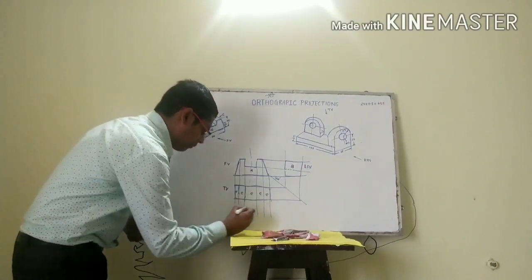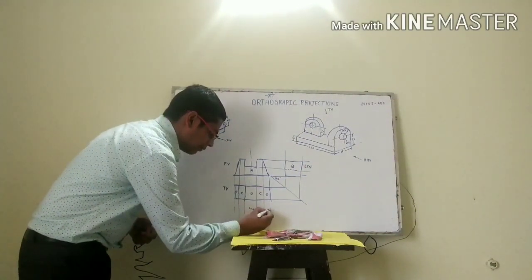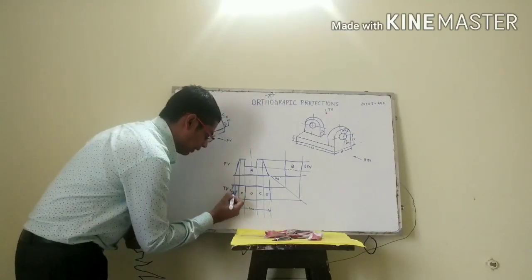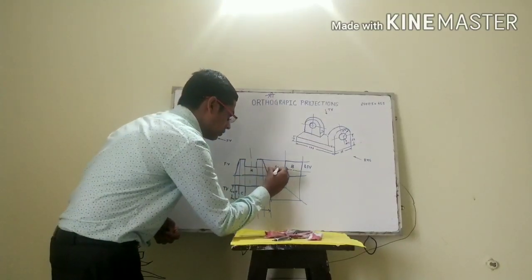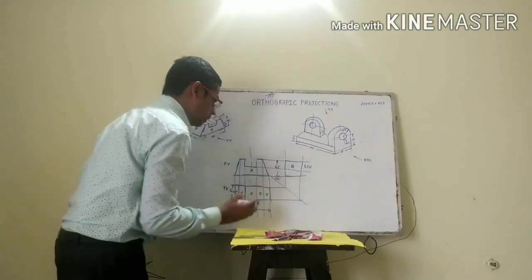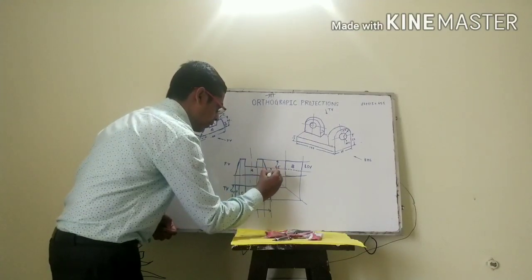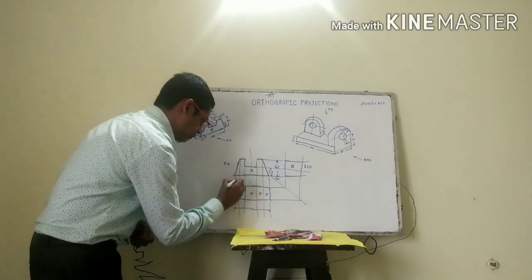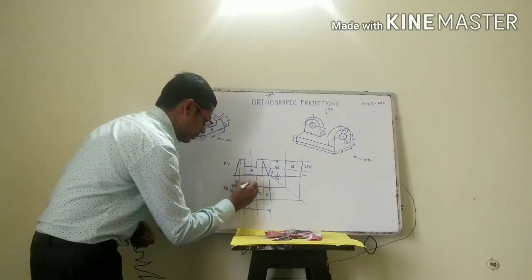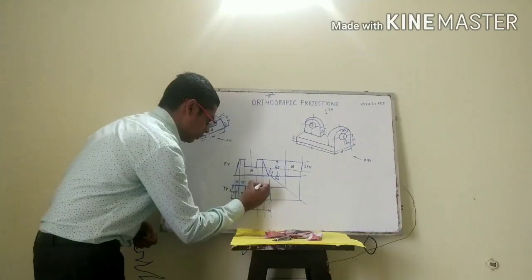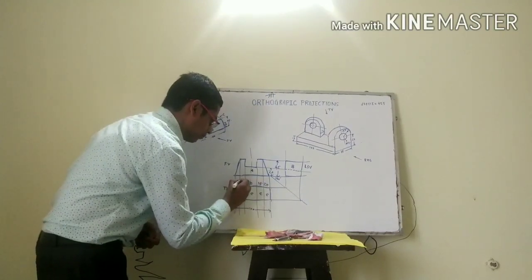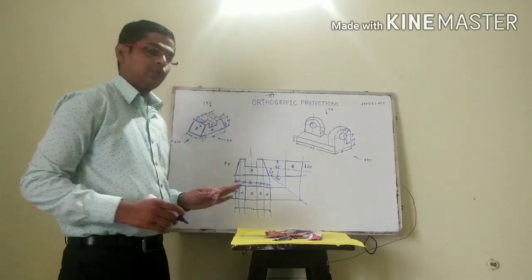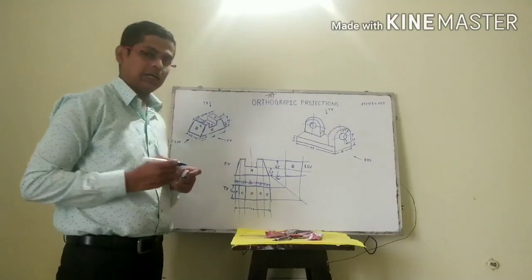This is 100, this is 40, this height is 45, this is 20, you can give this as 20, not 15, sorry, and this is 15, this is 30, this is 15, this is 20. So you can give the dimensions. Hope you have understood the first diagram.